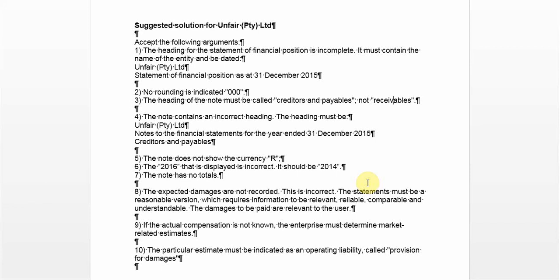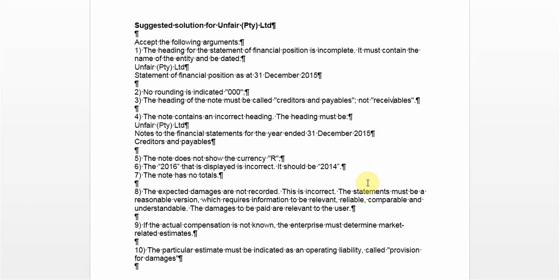Then they continue to say in number 8 that the expected damages are not recorded, and this is incorrect because the statements must provide relevant, reliable, comparable, and understandable information. So therefore, the information about the compensation that needs to be paid is relevant to the investors and users of the financial statements.